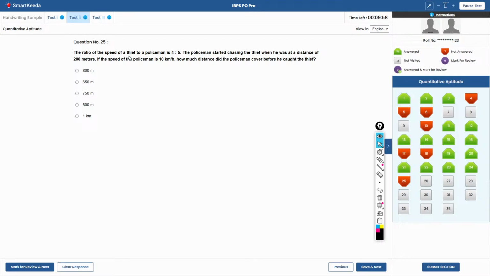The ratio of the speed of a thief and a policeman is 4 to 5. If the policeman started chasing the thief when he was at a distance of 200 meters and the speed of the policeman is 10, so the thief is 5. How much distance does the policeman cover before catching the thief?